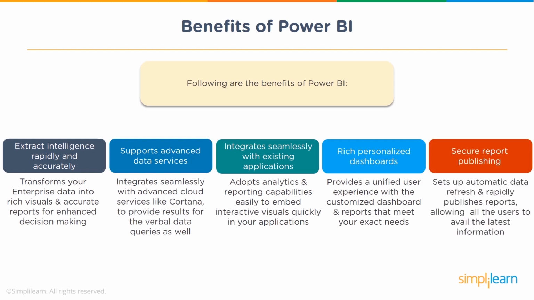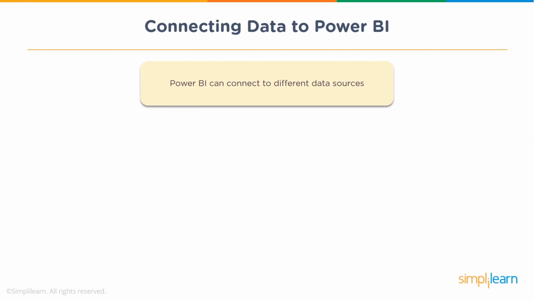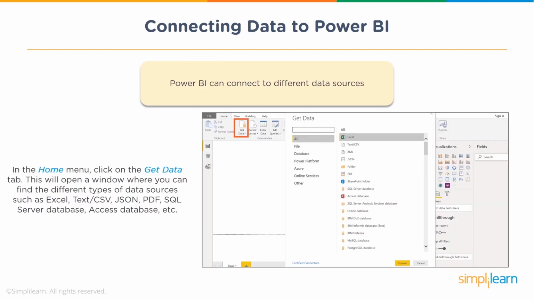It also has a secure way of publishing your reports. So you can set up automatic data refresh and rapidly publish reports, allowing multiple users to avail the latest information across your organization or across your working community. So Power BI can connect to different sources.